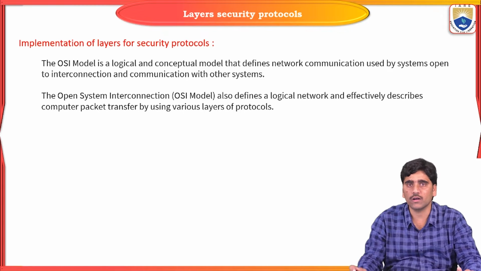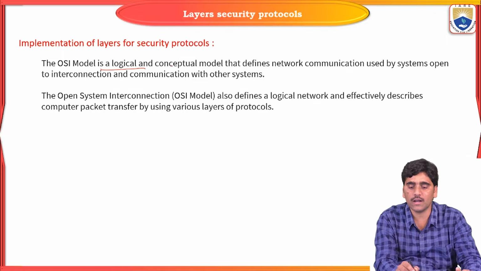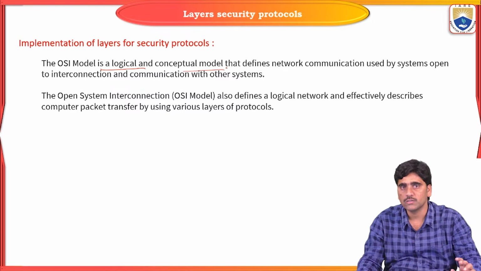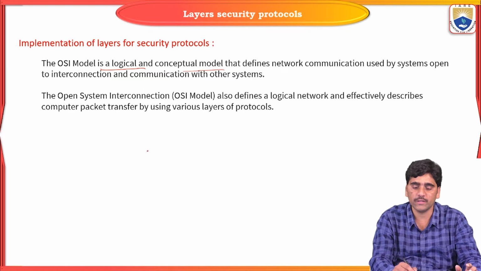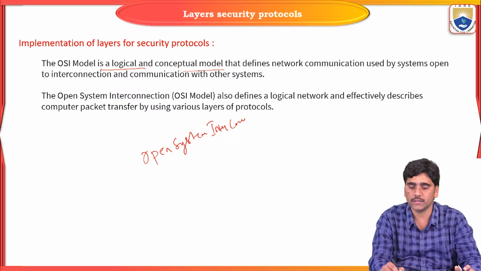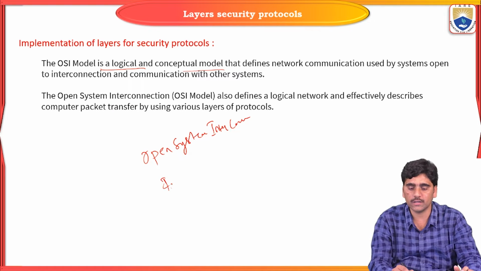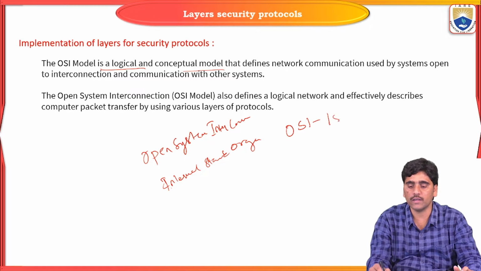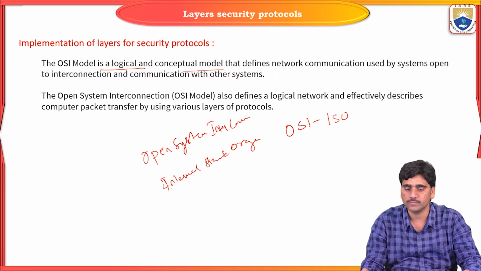The OSI model is a logical and conceptual model. OSI stands for Open System Interconnection, or you can say International Standard Organization, so you can refer to it as the OSI or ISO reference model.